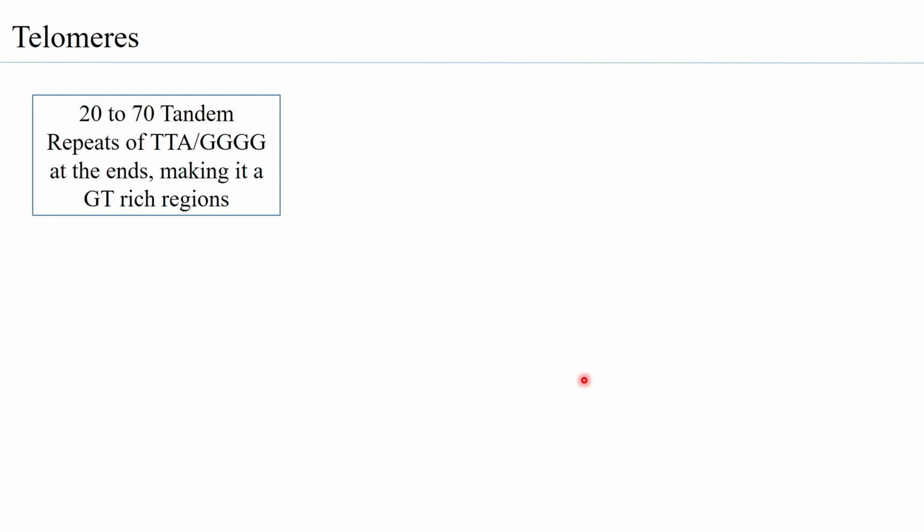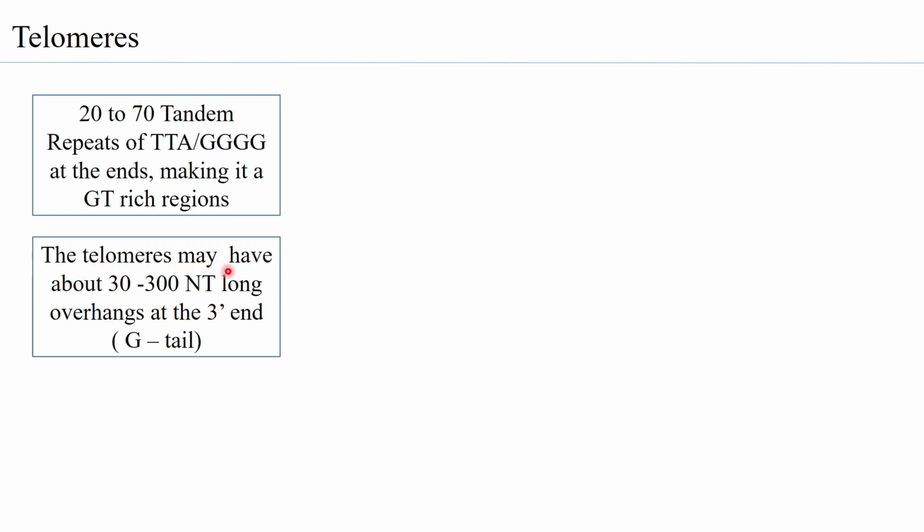These telomeres contained 20 to 70 tandem repeats of the sequence TTAGGG. So the sequence is a GT-rich sequence, and when you have repeats of this GT-rich sequence, the entire region becomes a GT-rich region.